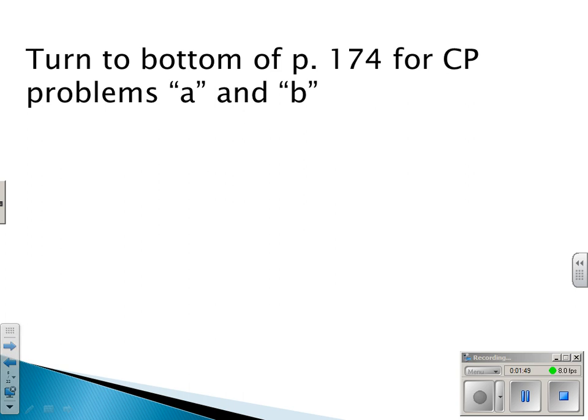Turn to the bottom of page 174 now. We're going to look at problems A and B in that section at the very bottom. Determine whether the relation represents y as a function of x. Now, the domain is given to us here as -2, -1, 0, 1, and 2.